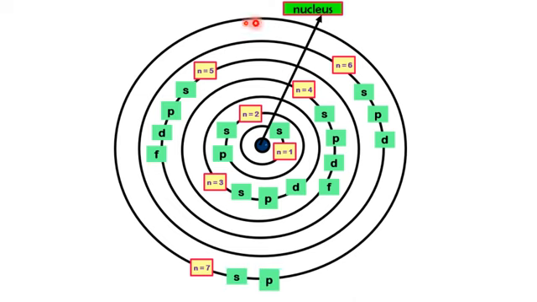Okay, so this is the diagram representing the nucleus and the 7 orbits where the electrons are moving around the nucleus. Basically, the electrons are outside the nucleus, while inside the nucleus you can find the proton and neutron.